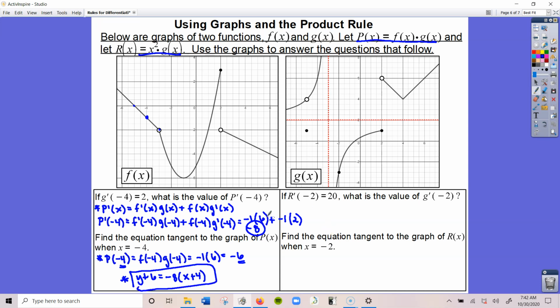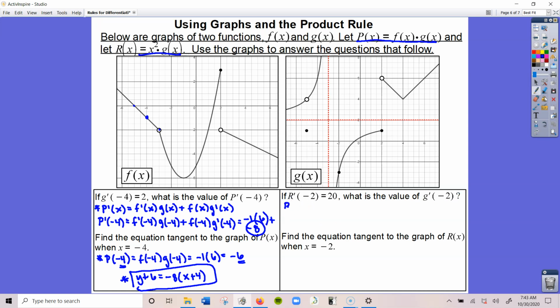Now let's go to the next section where we're dealing with r. We have r prime of negative 2 is equal to 20. What is the value of g prime of negative 2? So I'm just going to erase this little bit here so that I have some space. Now we're given r prime, so we're trying to figure out g prime.